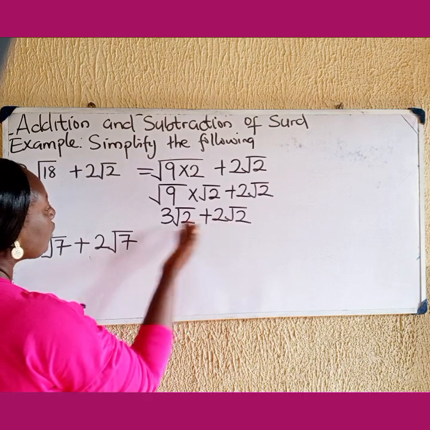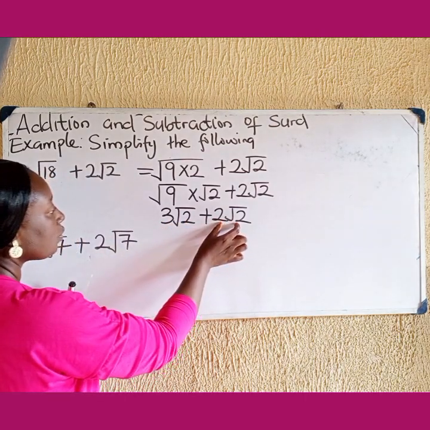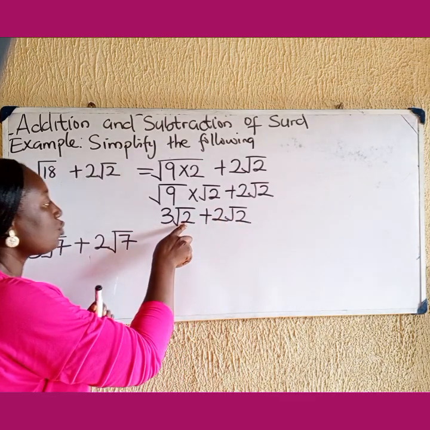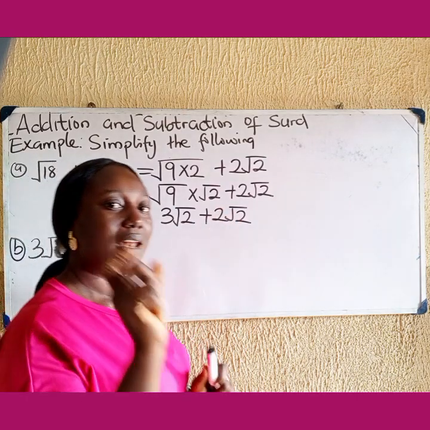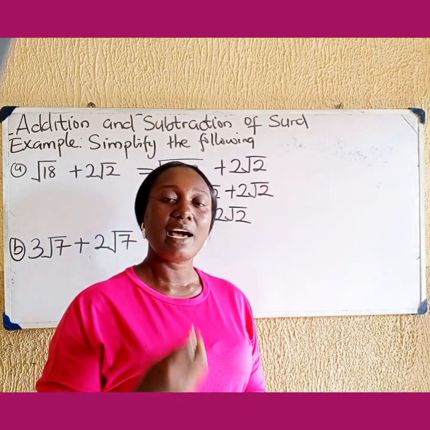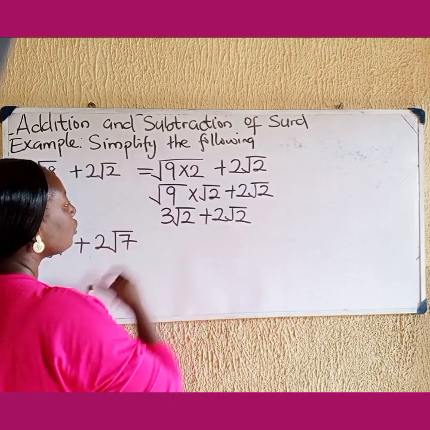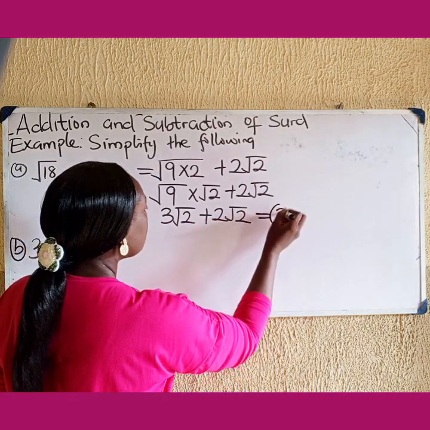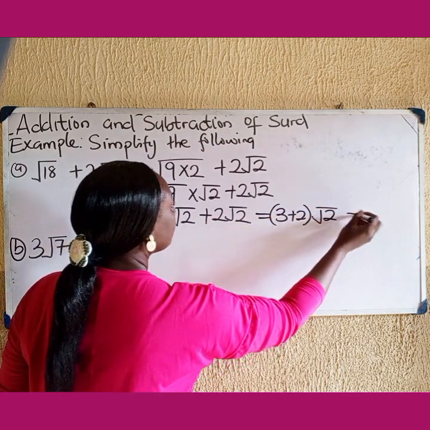When you look at them, you can see that this is 3 root 2 and this is 2 root 2. They have like surds. There is root 2 here and there is root 2 there. Like in algebra, you would say they have like terms. So I'm going to factor out, this is 3 plus 2 root 2.